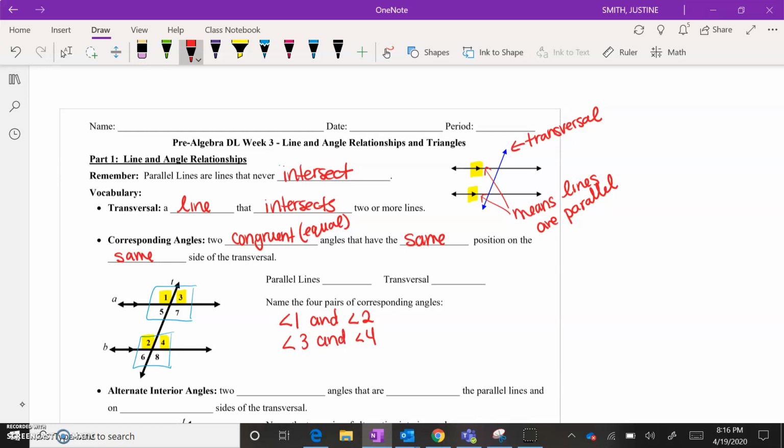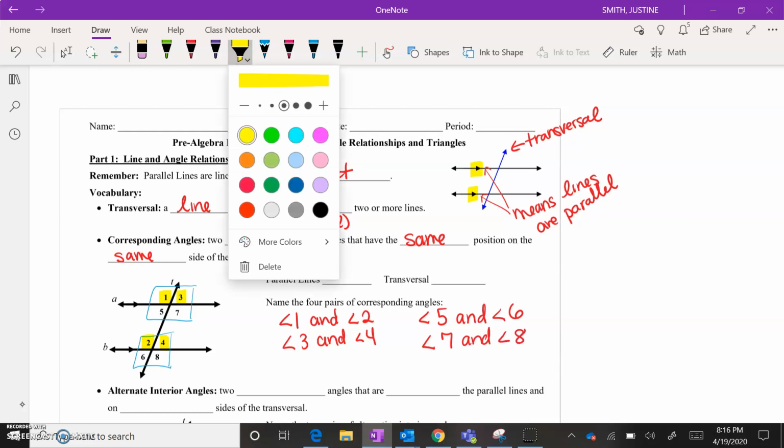Okay, so take a minute here. You can pause the video, and I want you to write down the other two pairs of corresponding angles, and then hit play again and see if you got them correct. Okay, so hopefully you picked angle 5 and angle 6 are corresponding, and then angle 7 and angle 8 are corresponding.